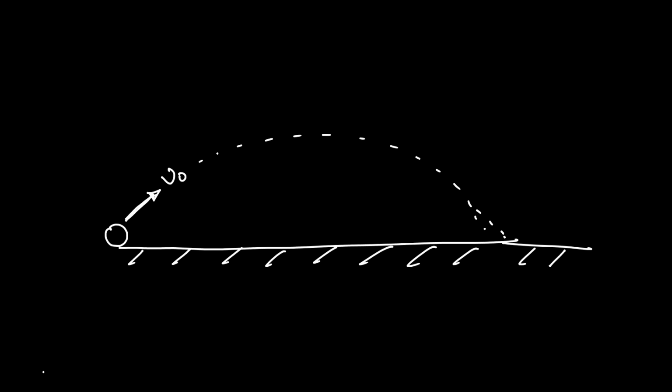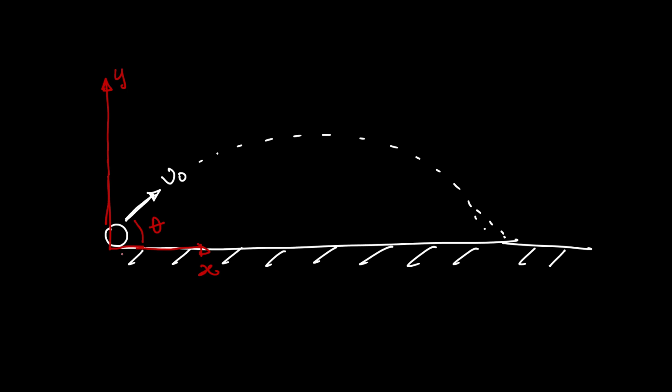We're going to analyze this a little bit, just for me to give you a little background on projectile motion. Let's superimpose our coordinate system. This is our x-axis and this is our y-axis. So let's call this angle theta.